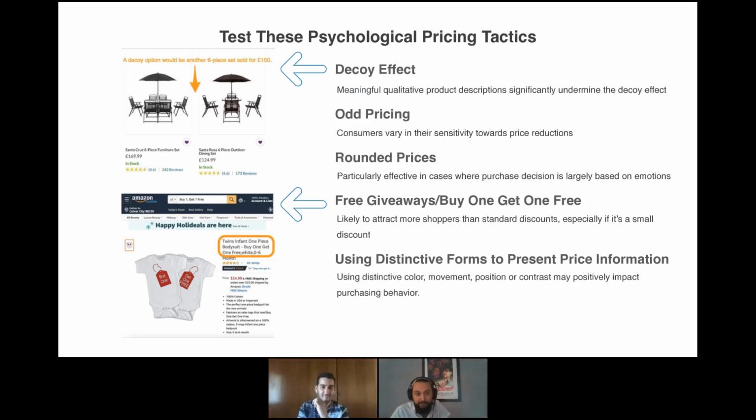It's just $10. It particularly works for impulsive shoppers and cheaper products. And there are other strategies as well, like free giveaways and buy one get one free promotions.